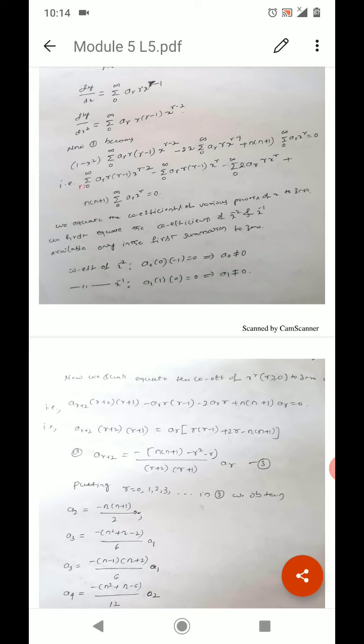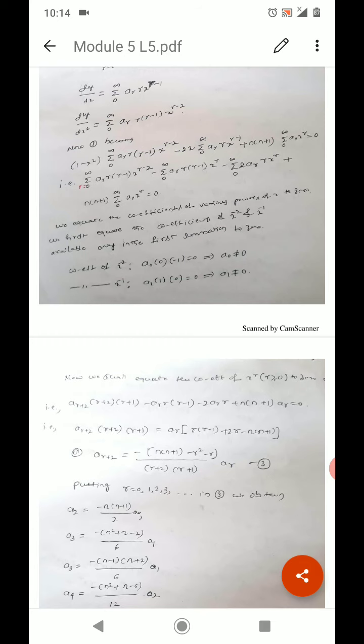Now we shall equate the coefficient of x power r, where r is greater than or equal to 0, to 0. That is a(r plus 2) (r plus 2)(r plus 1) minus ar r(r minus 1) minus 2 ar r plus n(n plus 1) ar, which is equal to 0.